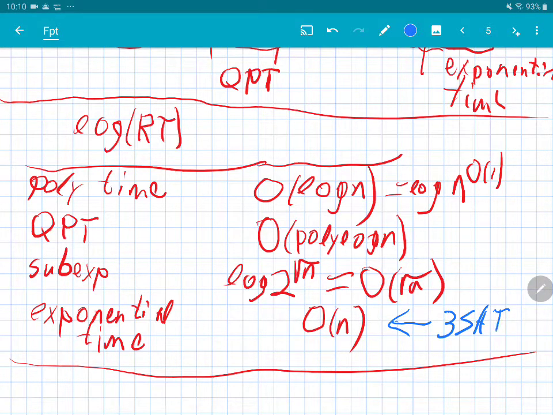Okay? So first I should say that I don't believe in the exponential time hypothesis. I believe that it's much more likely that 3SAT is in fact in this class, the sub-exponential time. My reasoning is that there are some NP-complete and NP-hard problems for which we have a sub-exponential running time.